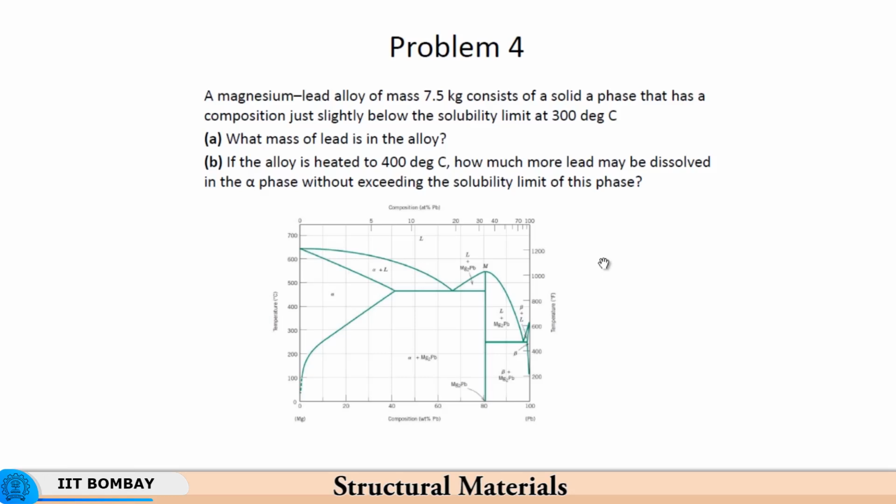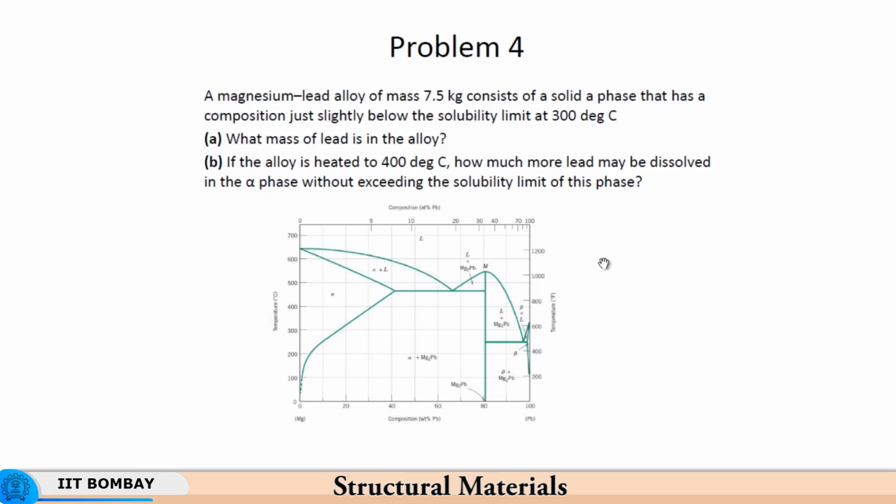So in the total mass of 7.5 kilograms, you have lead dissolved in magnesium. 18% of lead is dissolved in magnesium, and the rest of it is alpha plus eutectic.